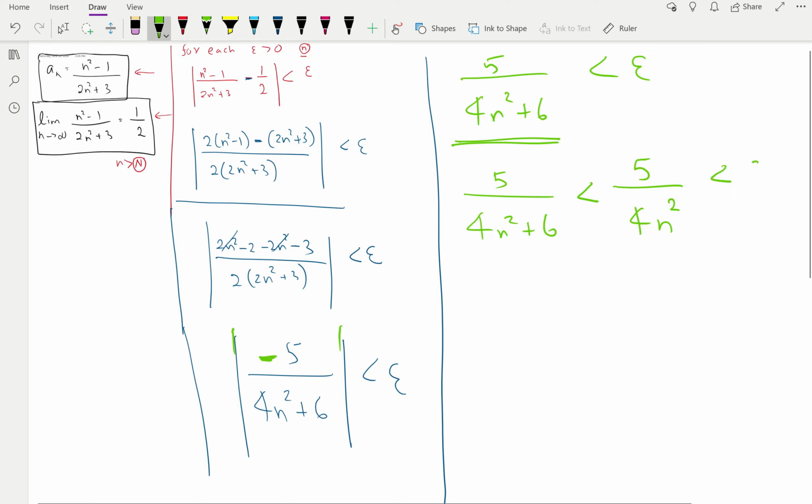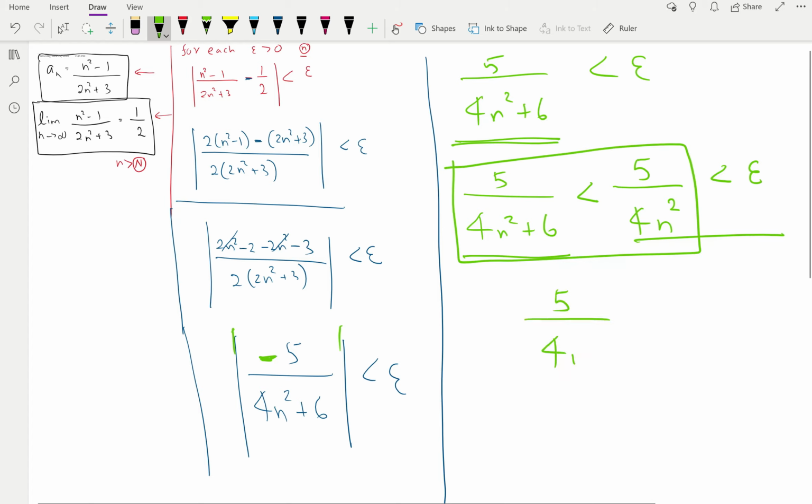So let's bound that by epsilon. If this is sufficient to bound 5 over 4n square plus 6 by epsilon, that means 5 over 4n square is less than epsilon, and of course 5 over 4n square plus 6 is less than epsilon, because of the relationship here. Let's work with this new inequality, 5 over 4n square less than epsilon.